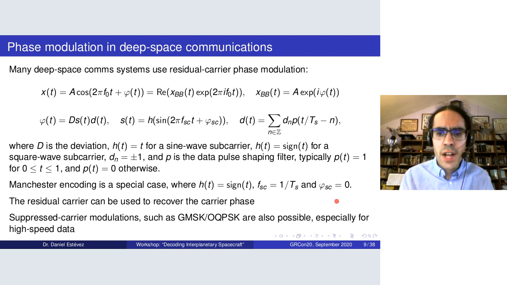This is essential for demodulation in very weak signal conditions that these spacecraft signals typically face, as they are very, very far from Earth. It is also possible to use suppressed carrier modulations which don't have a residual carrier spike, and this is often used for very high-speed data.